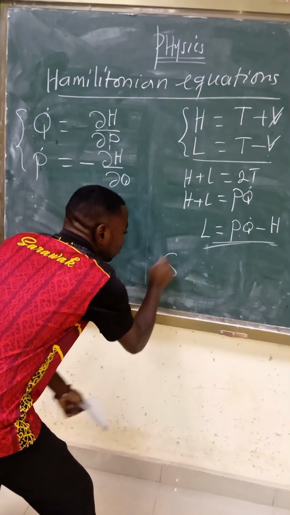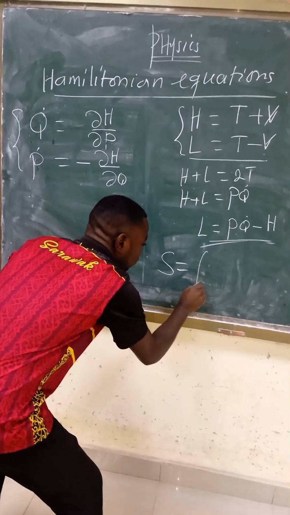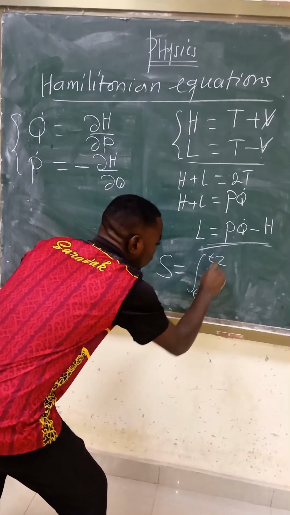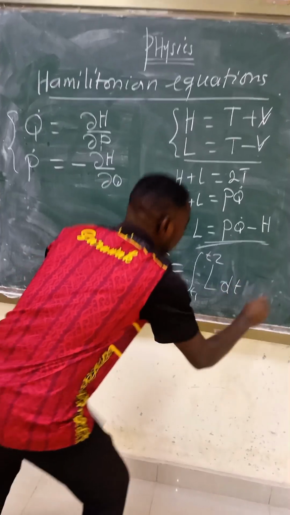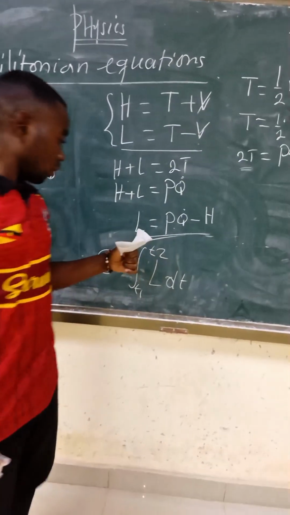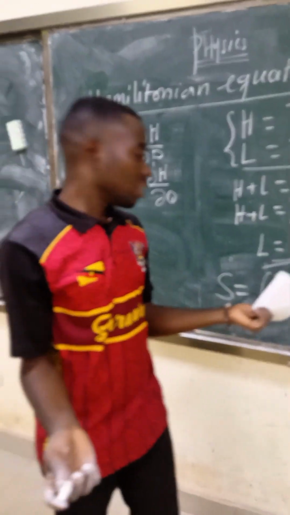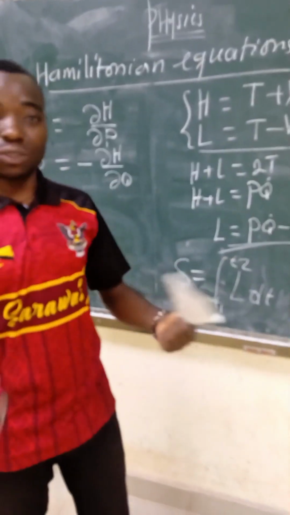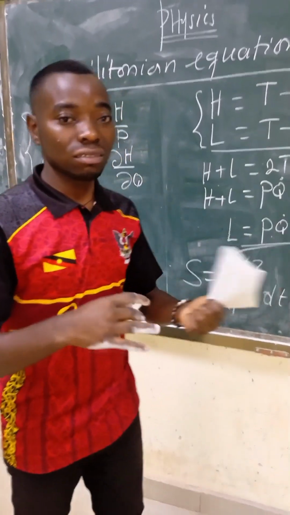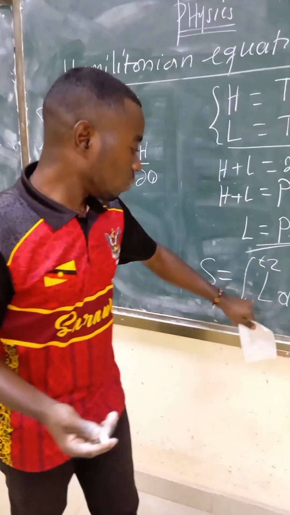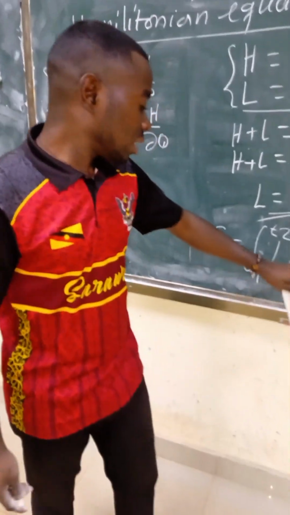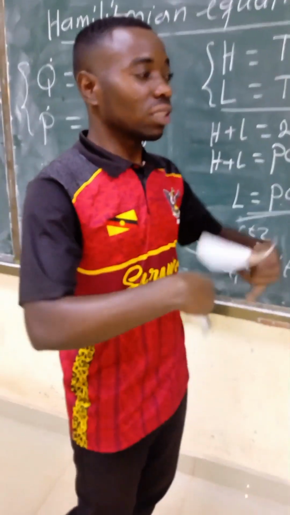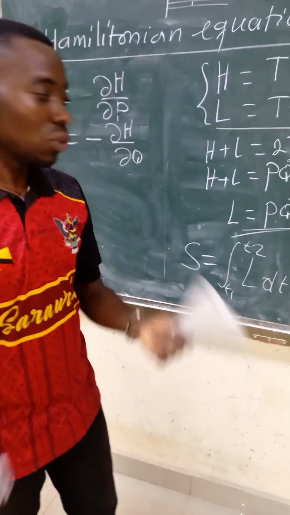Where action is equal to the integration from T1 up to T2 of Lagrange dt, which says that among all paths for a dynamic system, the only actual path allowed is the one that minimizes the time integral of Lagrange, or the difference between kinetic energy and potential energies.